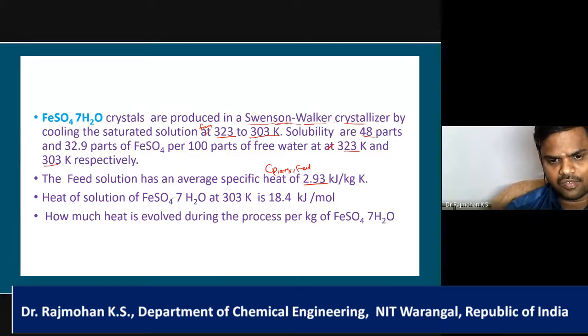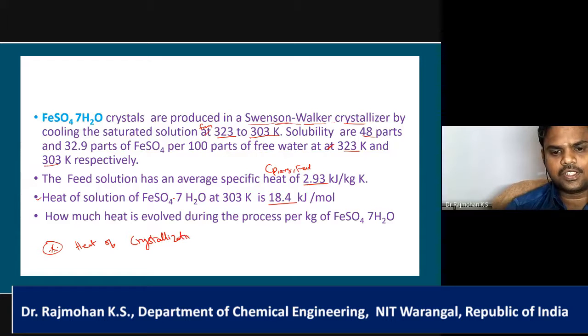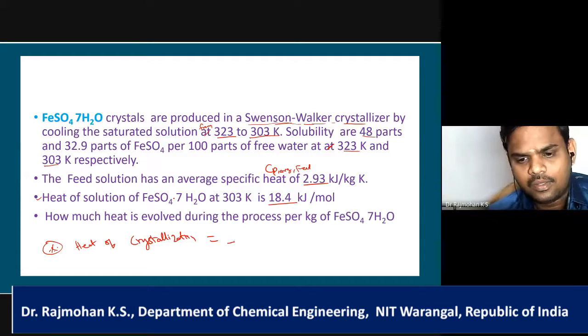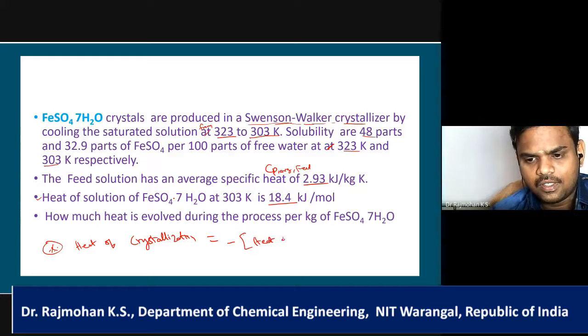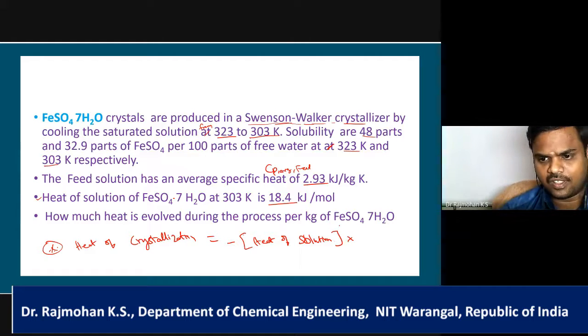The heat of solution of FeSO4 7H2O at 303 Kelvin is given. Why is this heat of solution given? I told you that we have to follow this: heat of crystallization is equal to minus the heat of solution, multiplied by, remember the unit of it is per kilojoule per mole, multiplied by C moles.